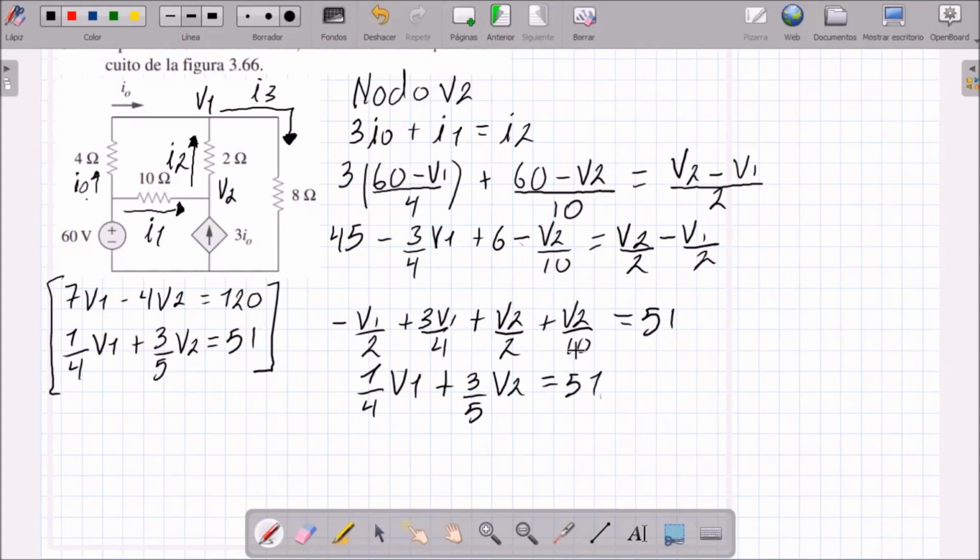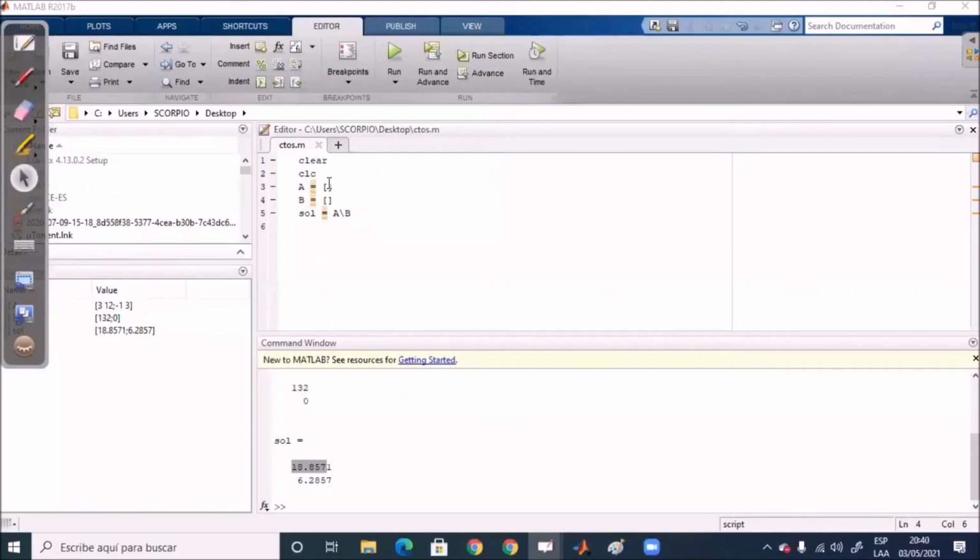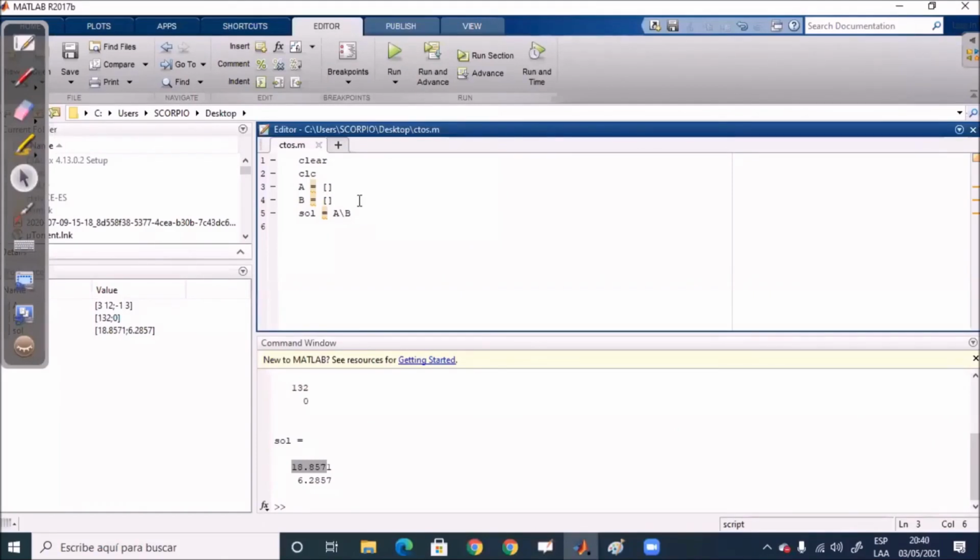Well, I'll solve it with the calculator. Here it would be 7 minus 4, a quarter, 3/5.